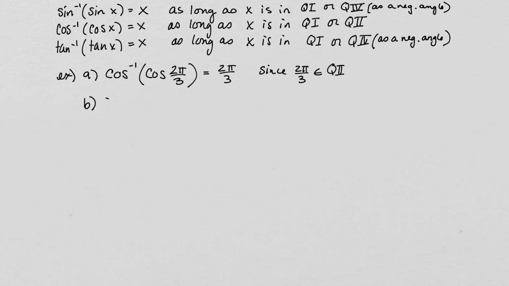B, the inverse sine of the sine of minus pi over 4. So what would that end up being?